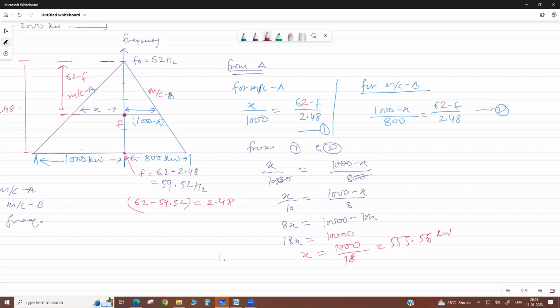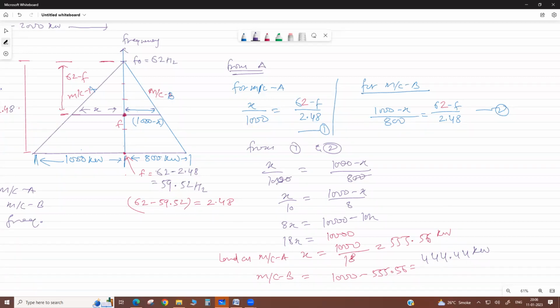Now this is the load on machine A, and on B it is 1000 minus X, means 1000 minus 555.5, so it comes 444.44 kilowatt. If you add now, you get 1000 total load.